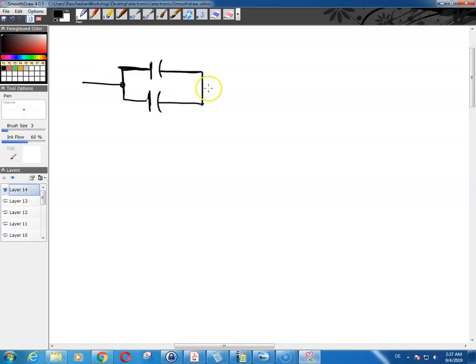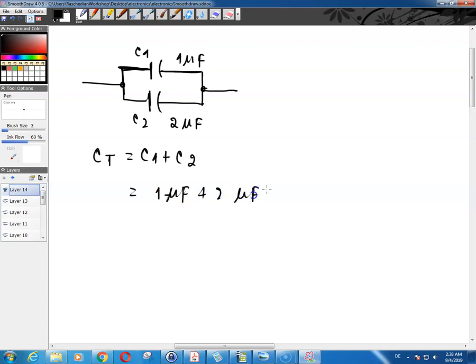Take this as C1, take this as C2. This is, for example, 1 microfarad, and this is 2 microfarad. Then C of t is going to be C1 plus C2, because they are connected in parallel. You just add them together, which is 1 microfarad plus 2 microfarad, equal to 3 microfarad.